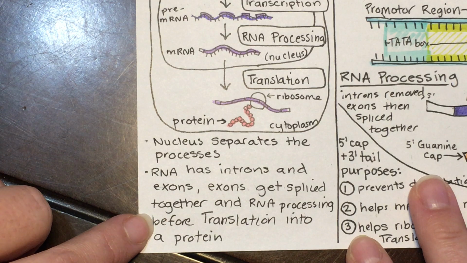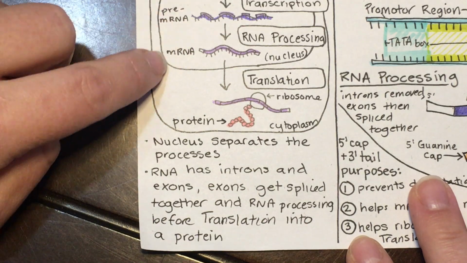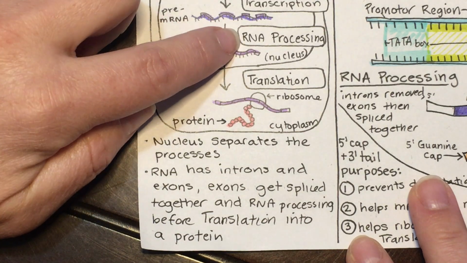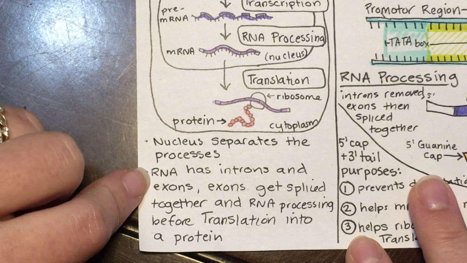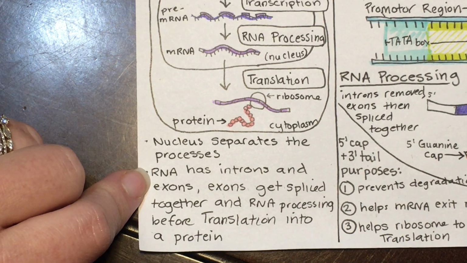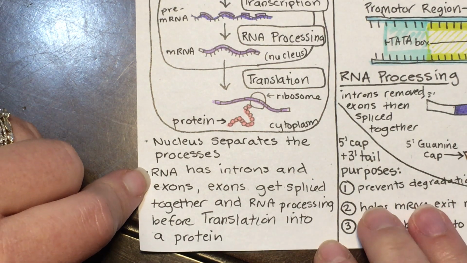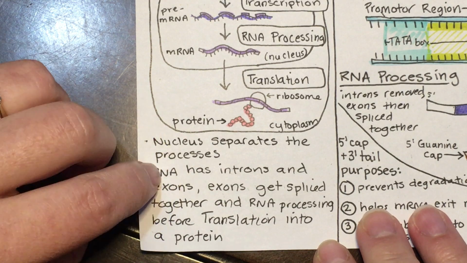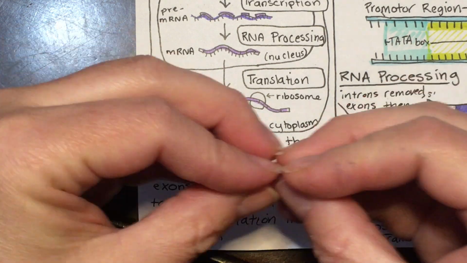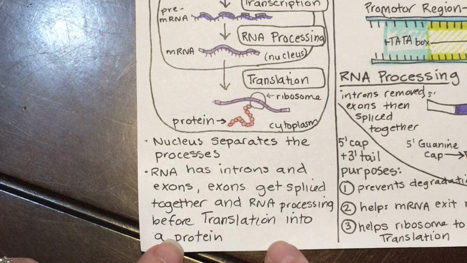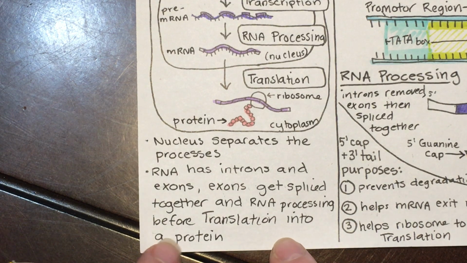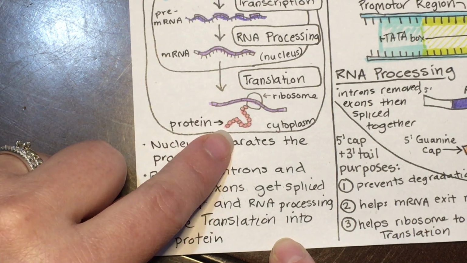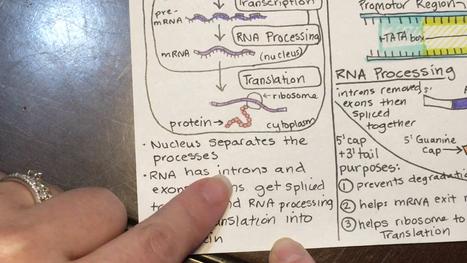Here's another new thing. This pre-mRNA into RNA, part of the RNA processing is about introns and exons. Introns are going to get removed. Exons are going to get spliced and put back together. And then there's two more steps to RNA processing before it can leave the nucleus to go out for translation. So we'll talk about that at the end.